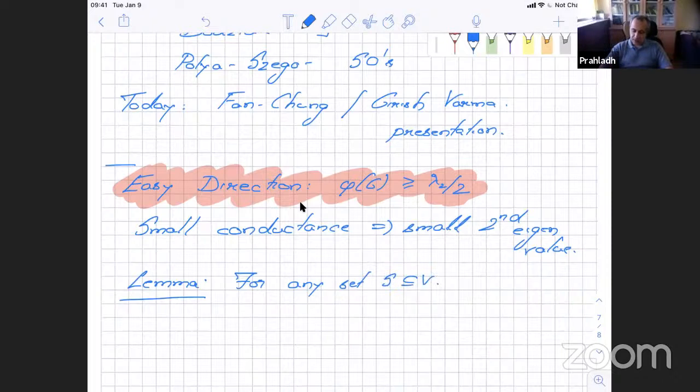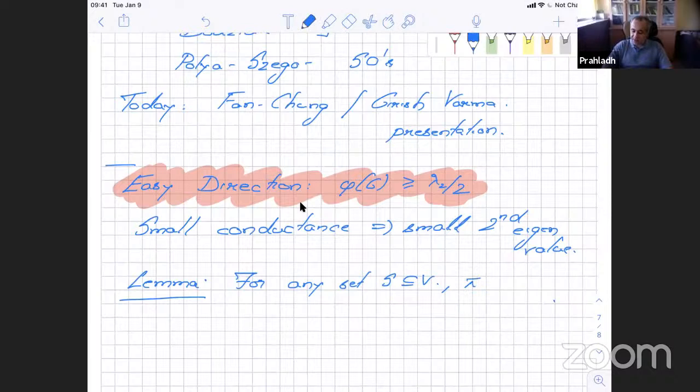Let's assume that the size of S is such that d of S is less than or equal to d of V by 2. Actually, should I write it in this language? Let me just take a pause. I'm going to write it in d of S. So we're going to prove everything in the random walk.